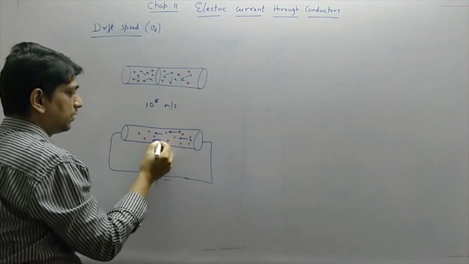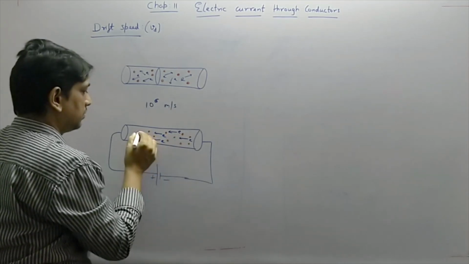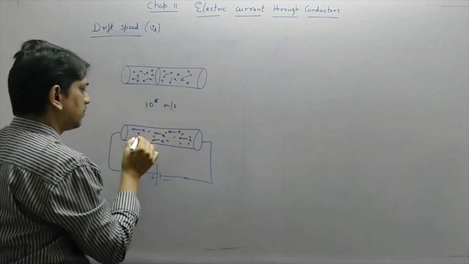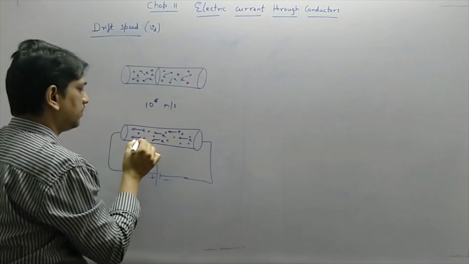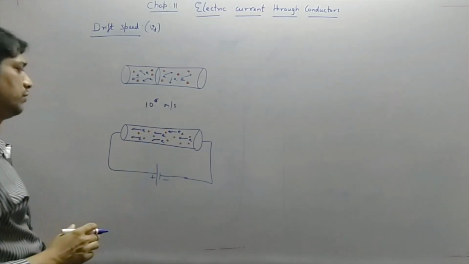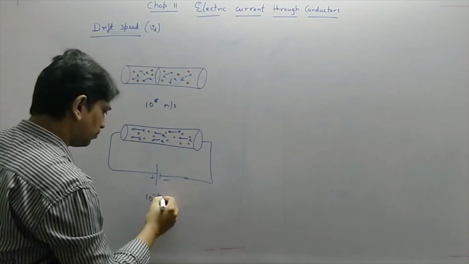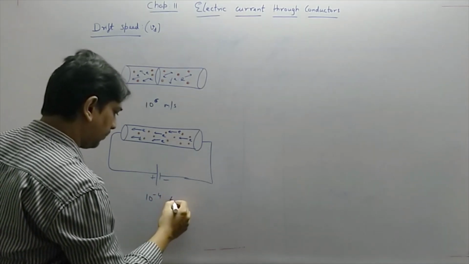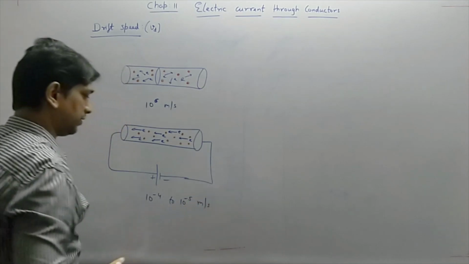With a large number of electrons, all of them move with the same speed, approximately 10⁻⁴ to 10⁻⁵ meter per second, which is very, very less.